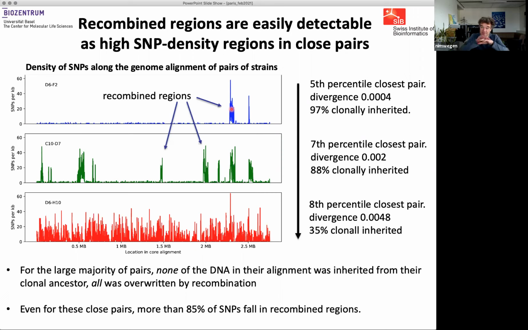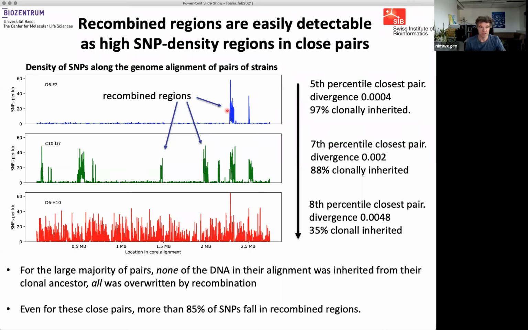So these 2 strains are very close almost everywhere. And then there are these short regions, of 10, 20, 30, up to 50 KB or something. In those regions, the SNP rate is something like what you would have with a random E. coli. And so the obvious interpretation is that these regions were actually recombined, and one of the 2 strains took a piece of DNA from another E. coli.